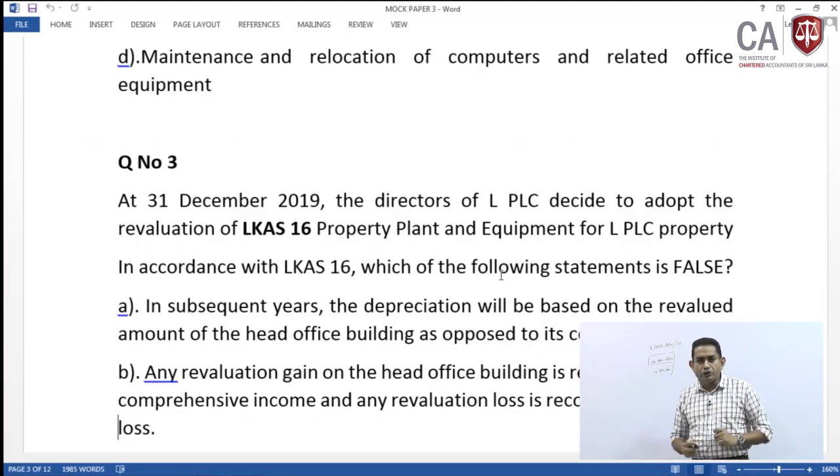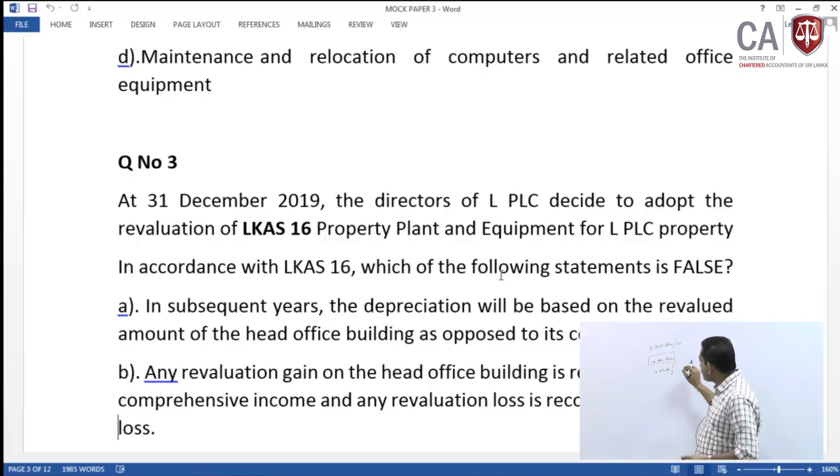Now, just because you revalue to make it equal to the existing market values, it does not mean that even the lifetime of the asset has got revised, unless the examiner says otherwise in a question at the exam. The lifetime is assumed to be the same as we assessed originally.